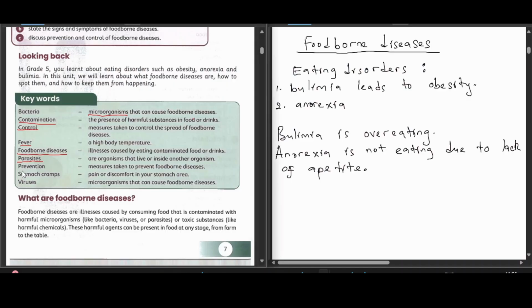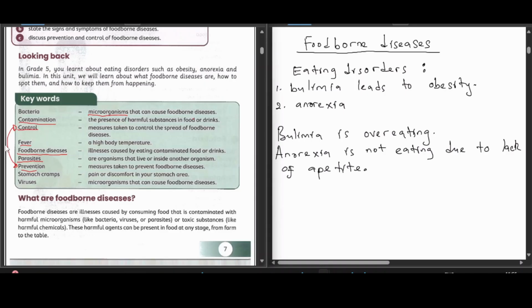What is prevention? Prevention, that's measures taken to prevent foodborne diseases. So let us look at preventing and controlling. These are two important processes. So when we talk about controlling, these are measures taken to control the spread of foodborne diseases.